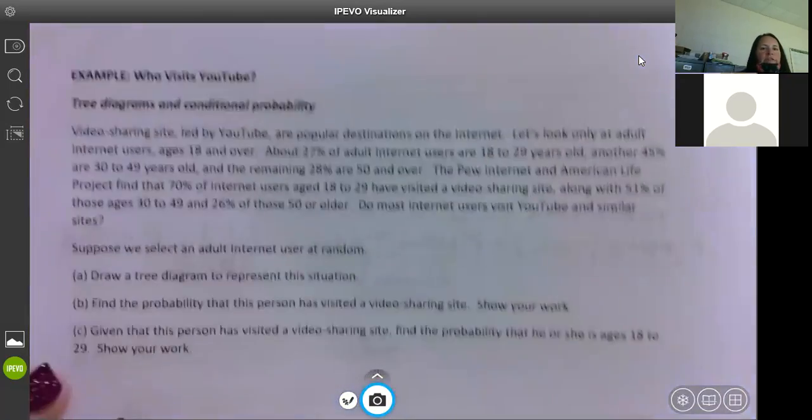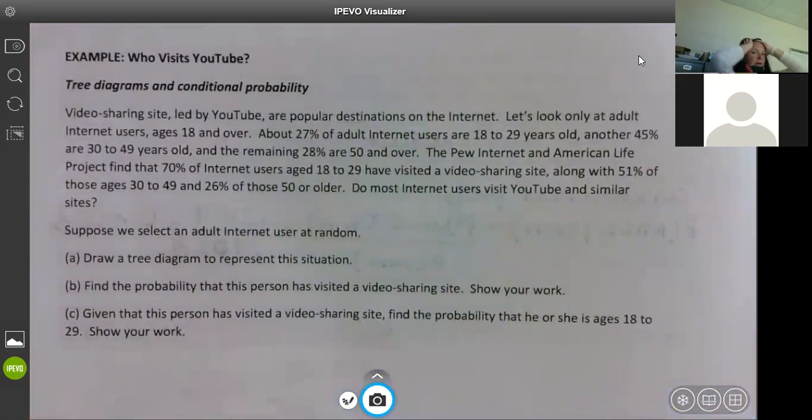All right. Who visits YouTube, tree diagrams and conditional probability. Video sharing sites, led by YouTube, are popular destinations on the internet. Let's only look at adult internet users ages 18 and over. About 27% of adult internet users are 18 to 29, another 45% are 30 to 49, and the remaining 28% are 50 and over.